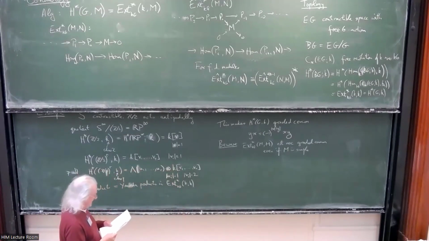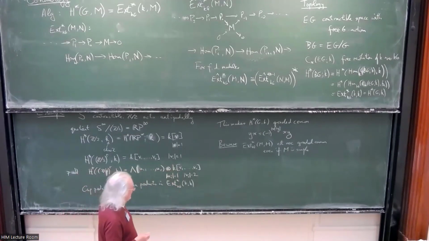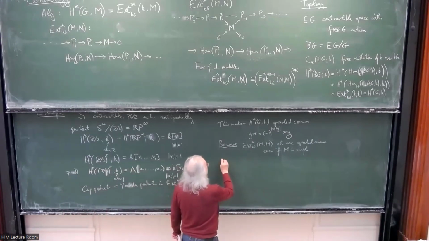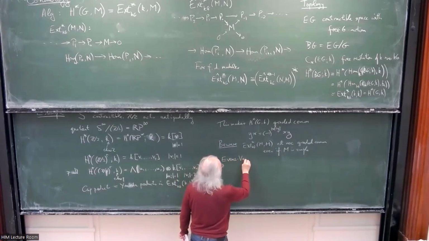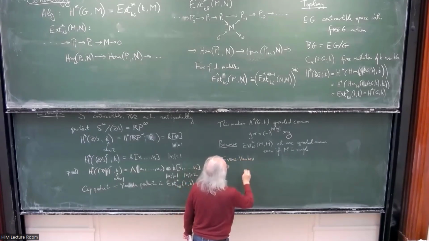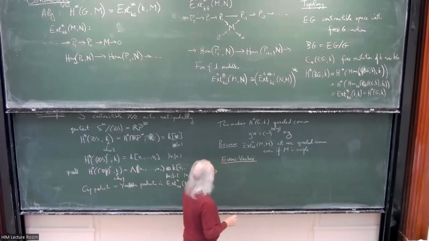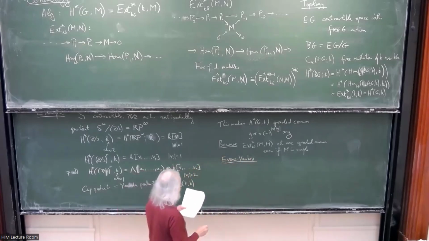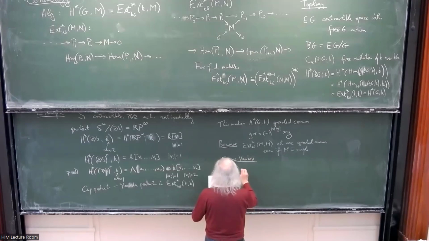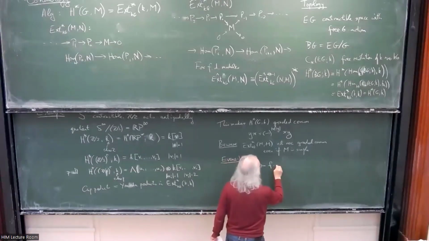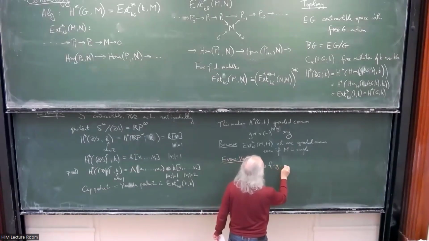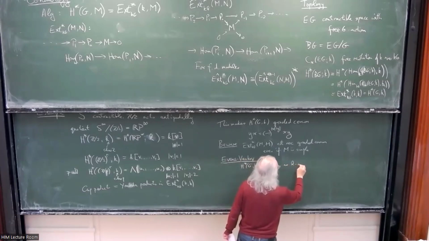So we can avoid many a mistake. The next thing to know is the Evens-Venkov theorem. This says that H star of G, K is finitely generated as a K algebra.